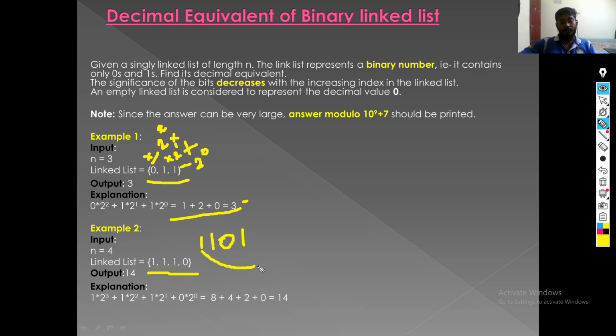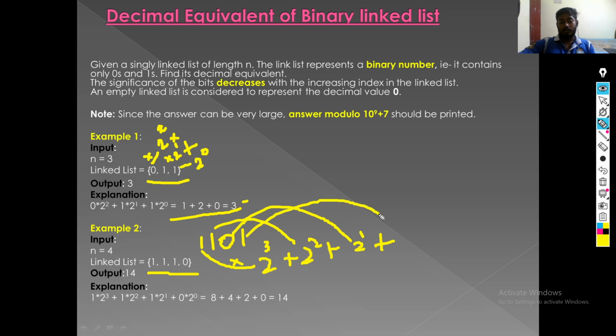We multiply this digit by 2 to the power of 3, plus 1 into 2 to the power of 2, plus 0 into 2 to the power of 1, plus 1 into 2 to the power of 0.